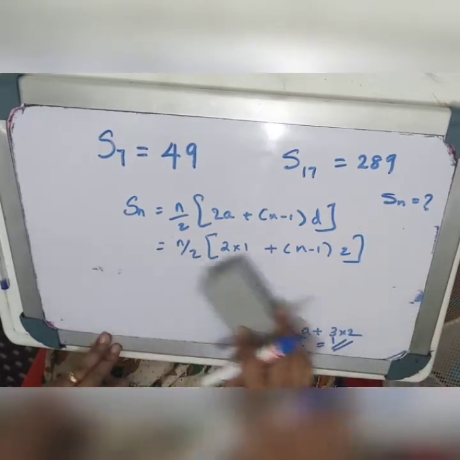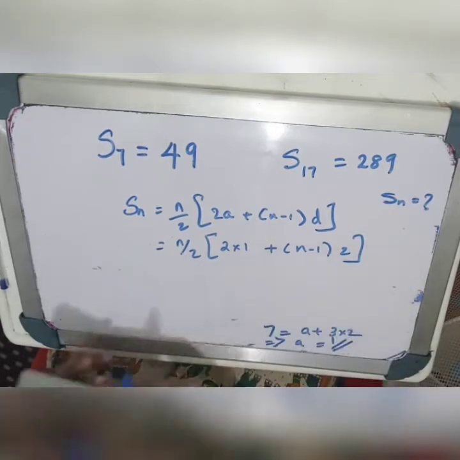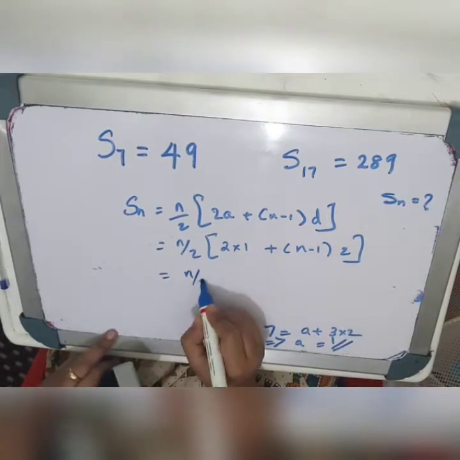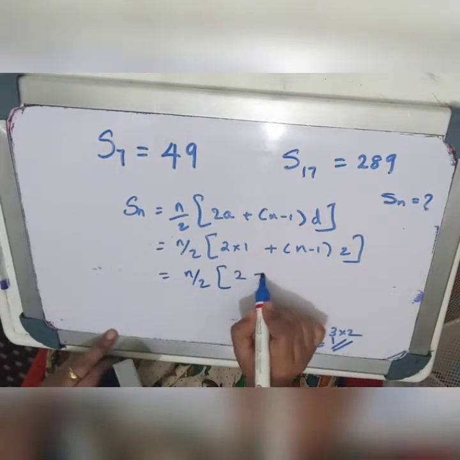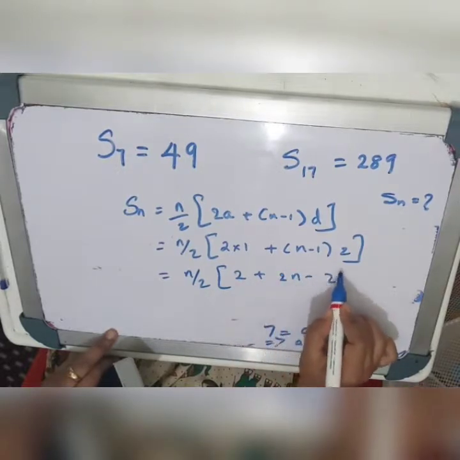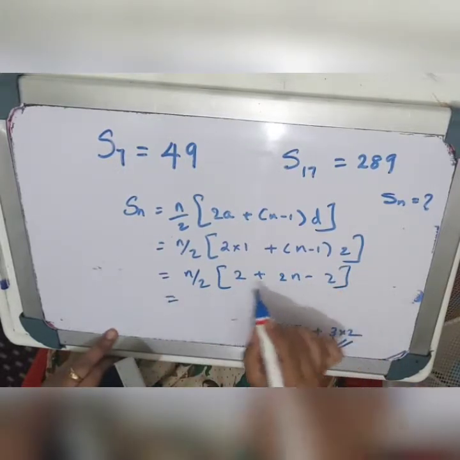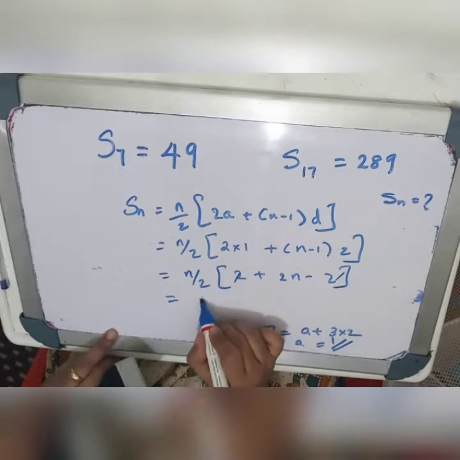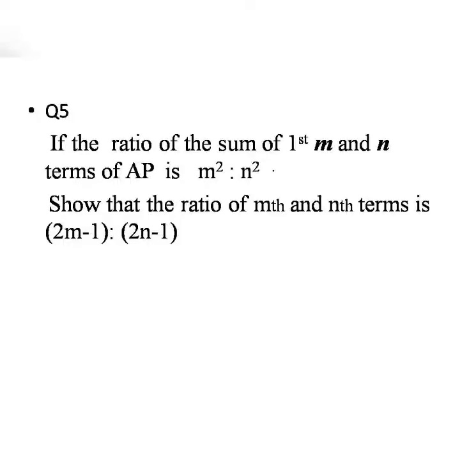Therefore we have n by 2 into 2 plus 2n minus 2. That is n square.